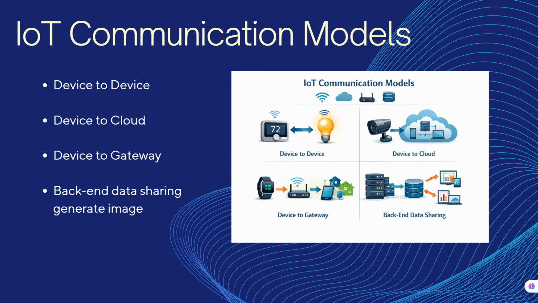This is called device-to-cloud communication. In the third image, devices communicate through a gateway. This is called device-to-gateway communication. In the last image, data is exchanged between different cloud systems. This is called backend data sharing.